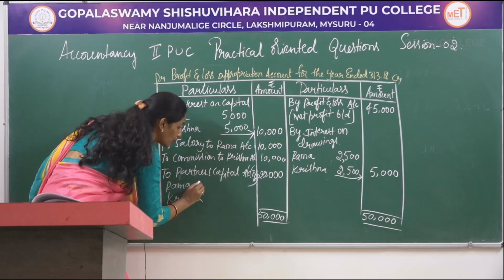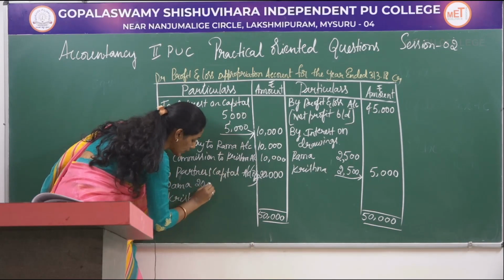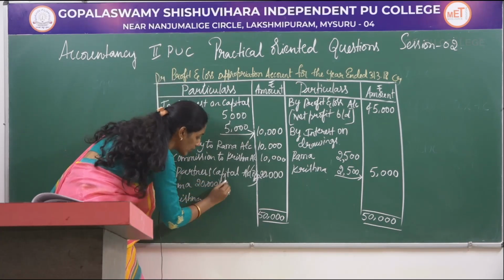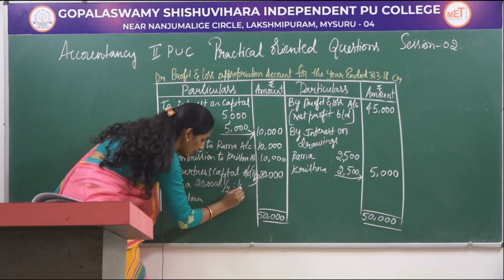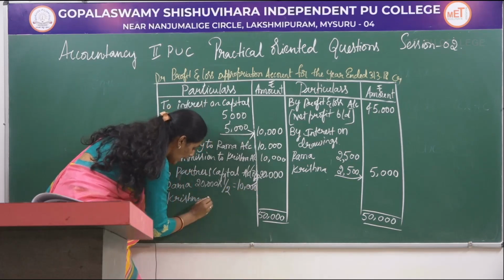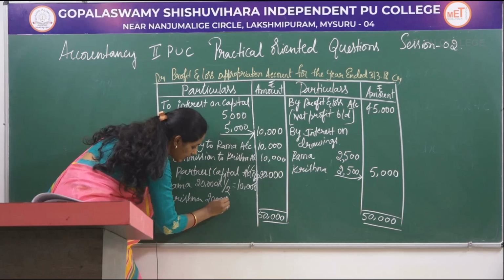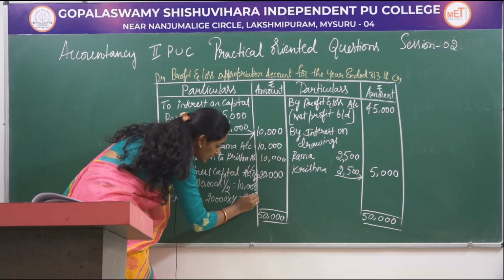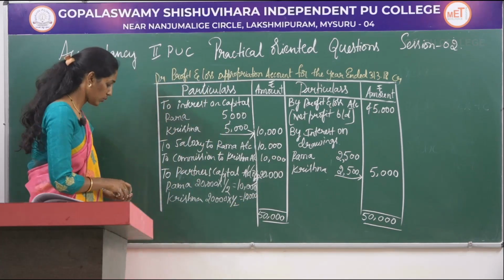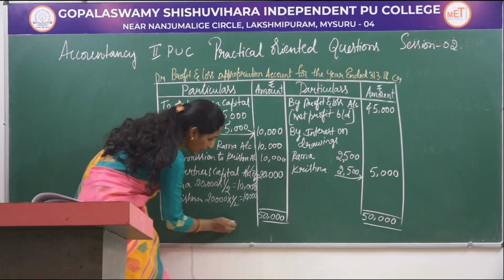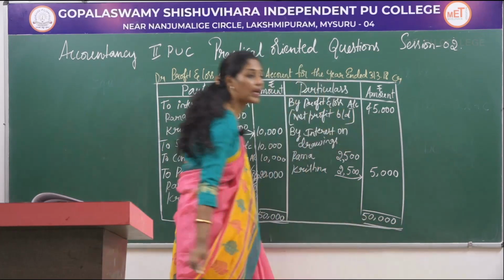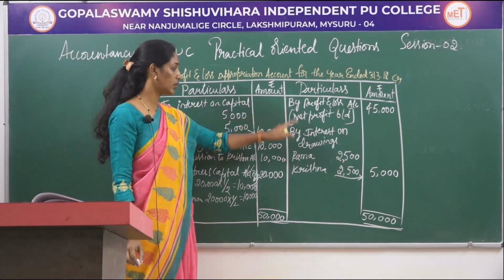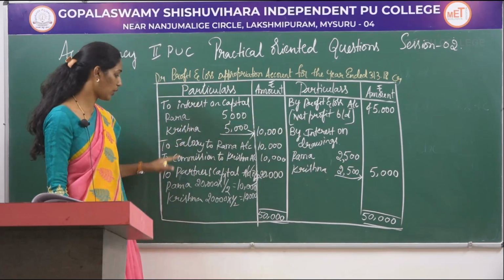So when you distribute this 20,000 according to their profit sharing ratio, that is 1/2, you will get 10,000. And for Krishna also, he will get rupees 10,000. So this is how we prepare profit and loss appropriation account with 5 imaginary figures, 1, 2, 3, 4 and 5.